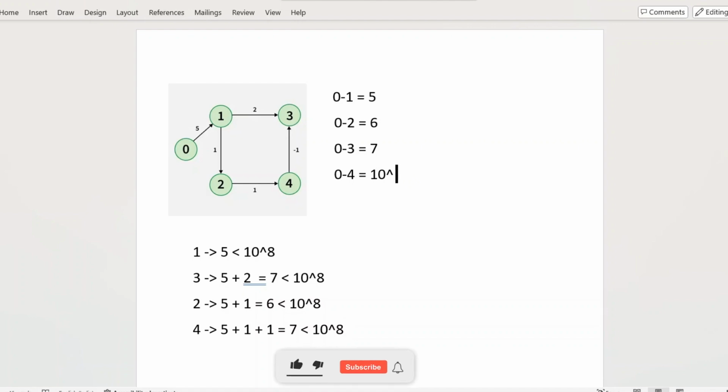So we update the value here. 0 to 4 the shortest path is 7. Then from the fourth node we can reach vertex 3.